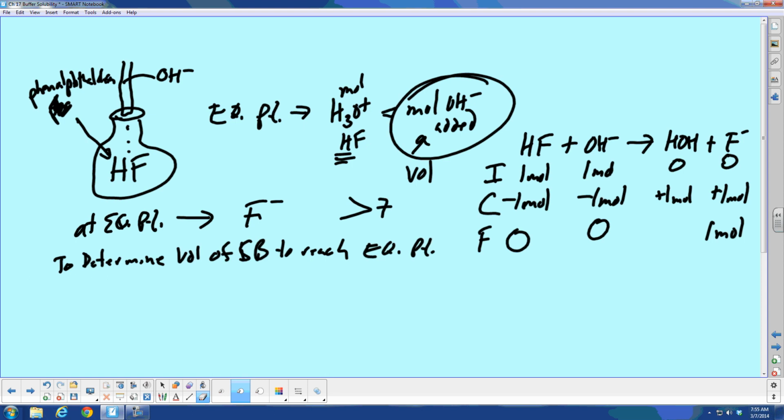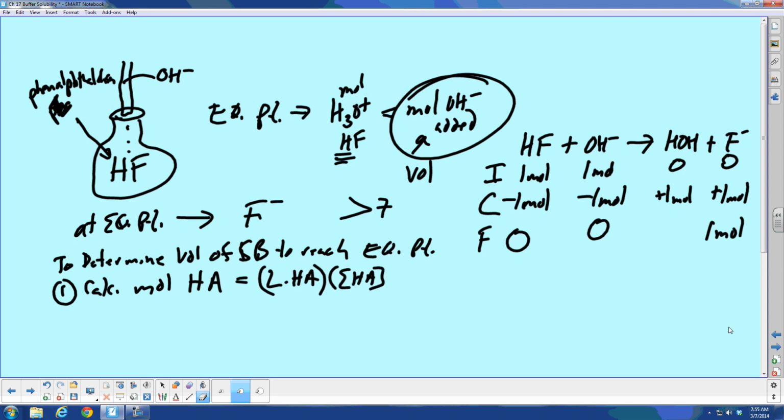Number one, I'm going to calculate the moles of my weak acid, HA. Got it? And how am I going to do that? That's going to be equal to the liters of my weak acid times the concentration of my weak acid.